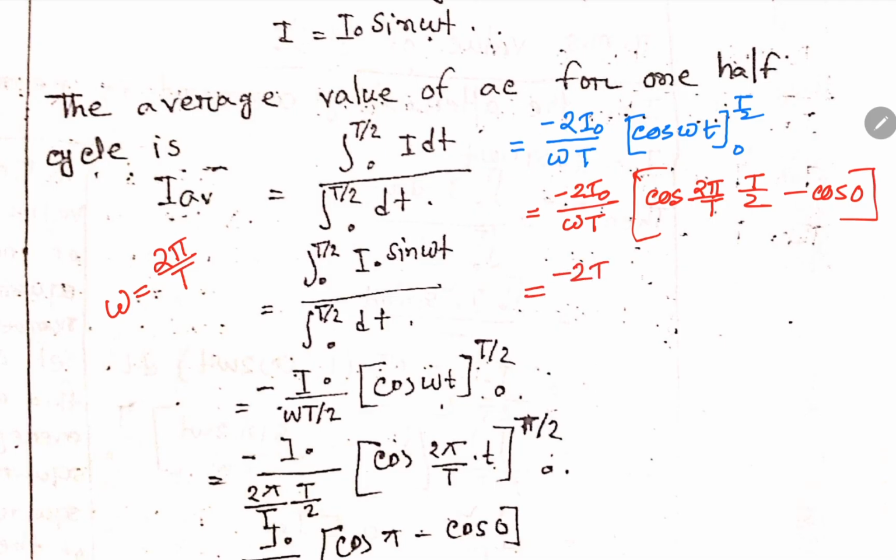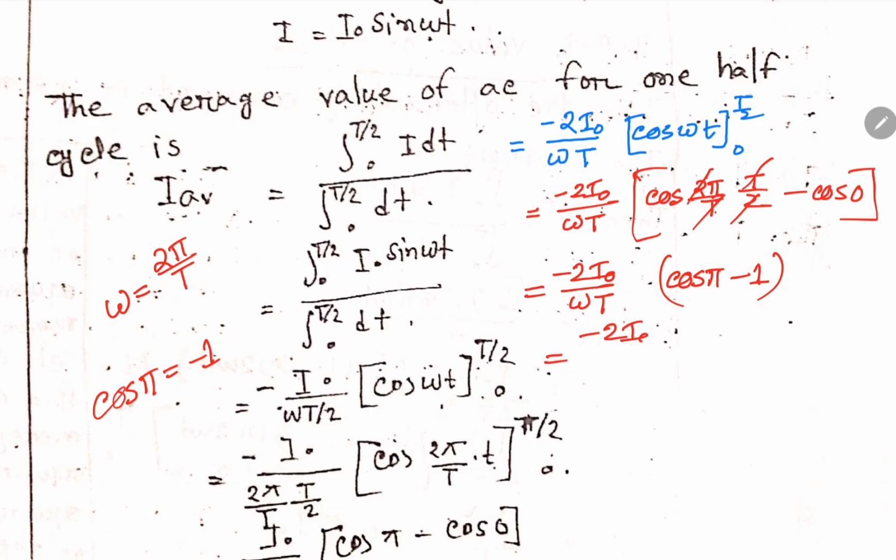So now I have 2 I naught by omega t, and then t divided by t, I have 2 divided by 2, I have cos pi, minus this cos 0 is simply 1, and cos pi is minus 1. Okay, cos pi is minus 1. So 2 I naught divided by omega t, I have minus 1, then minus 1. So basically I have minus 2 here.